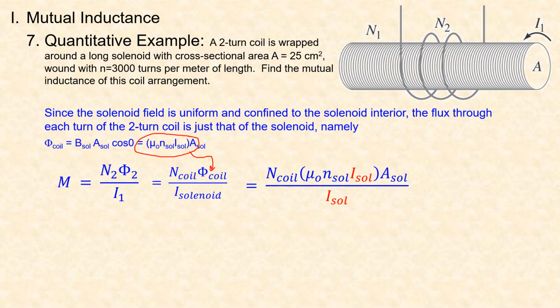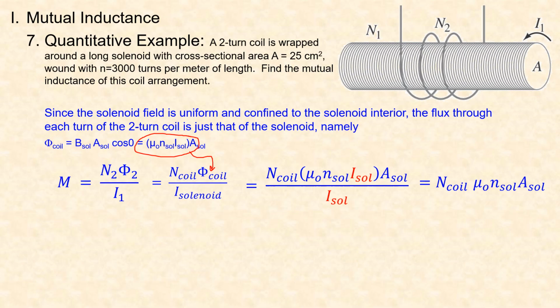You'll notice that the current that exists in the solenoid I put in red, so you can see that solenoid current cancels out from numerator and denominator, in which case we can write our expression for mutual inductance as the product of these four factors.